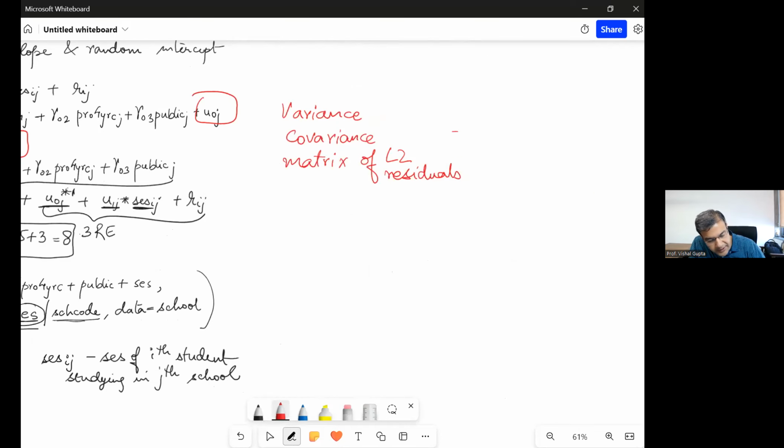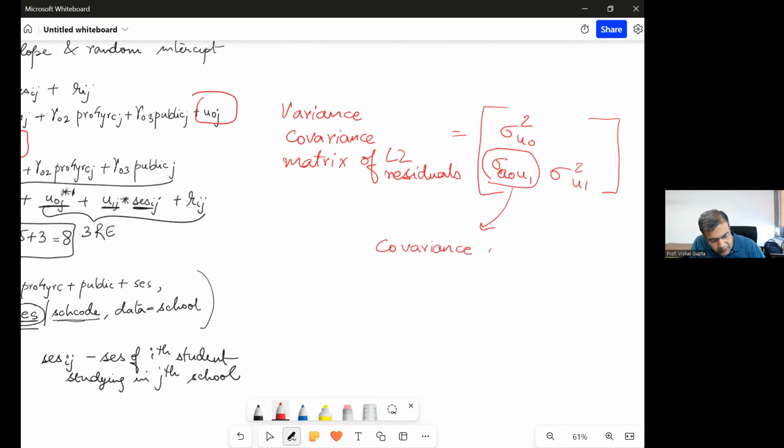So it estimates not just sigma square u0 and sigma square u1, it also computes sigma u0 u1. What is sigma u0 u1? It is nothing but the covariance of u0 and u1.